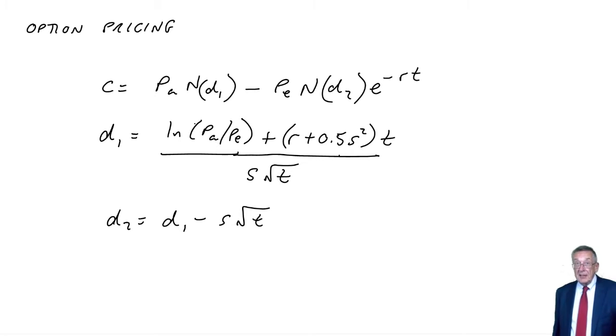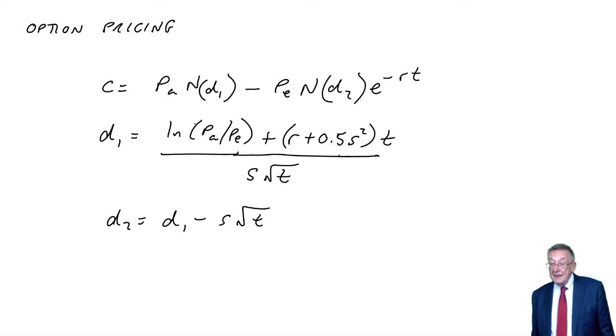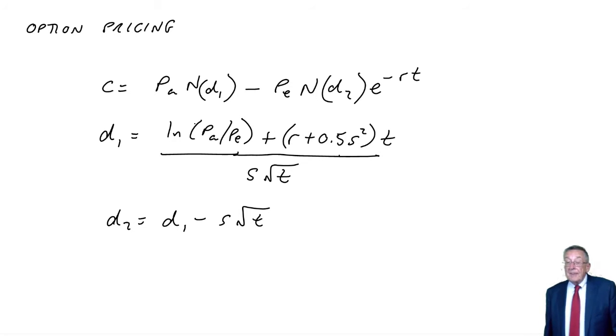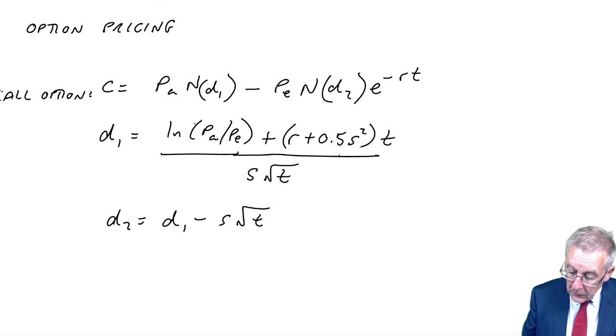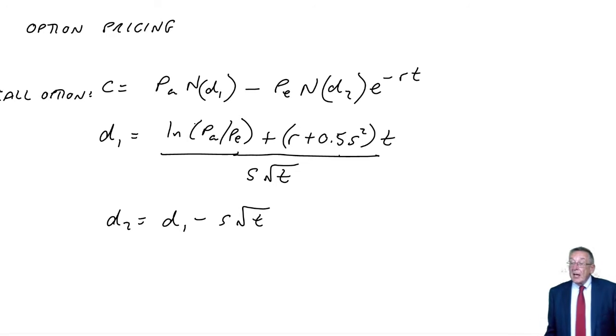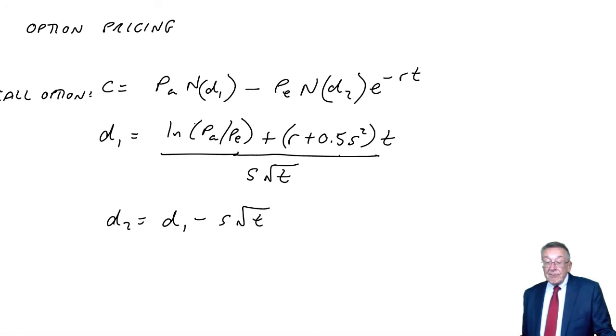You cannot possibly do this in your head. That first formula, C, is the value of a call option. And I've listed what all the symbols mean below.